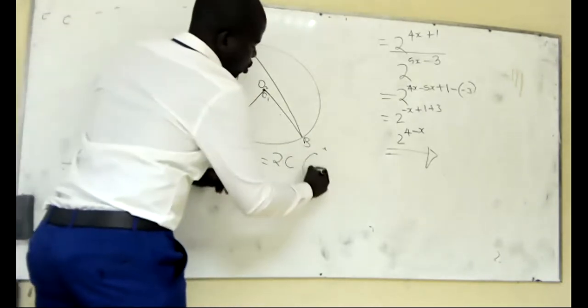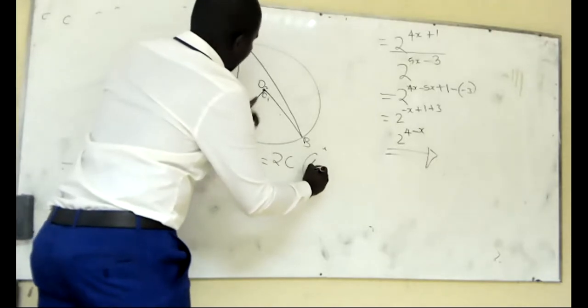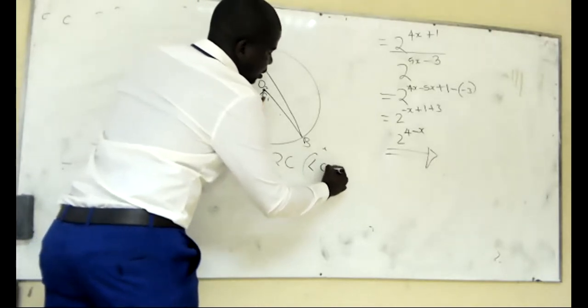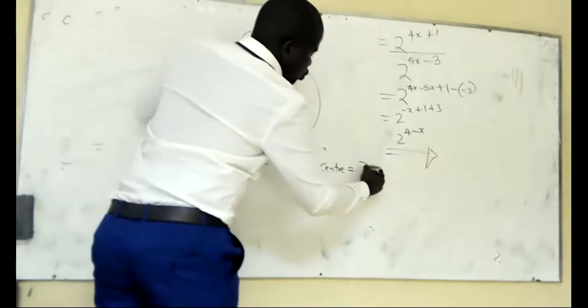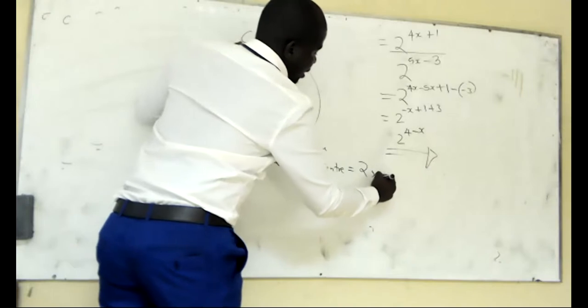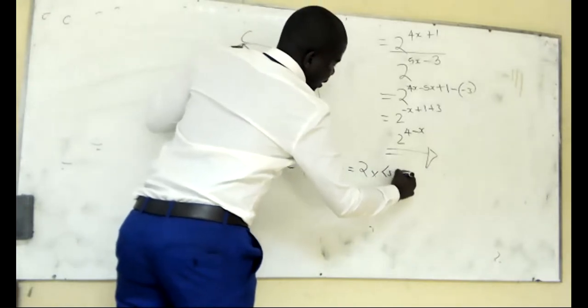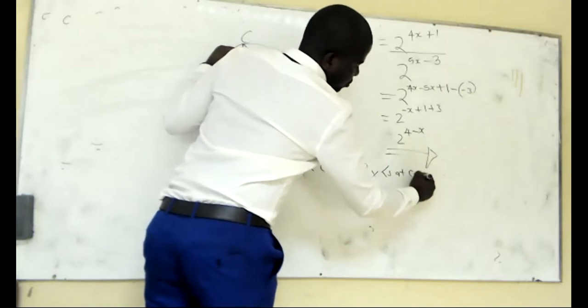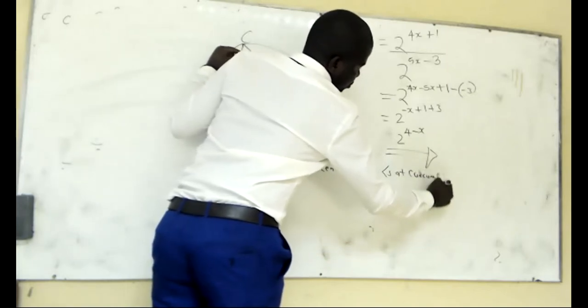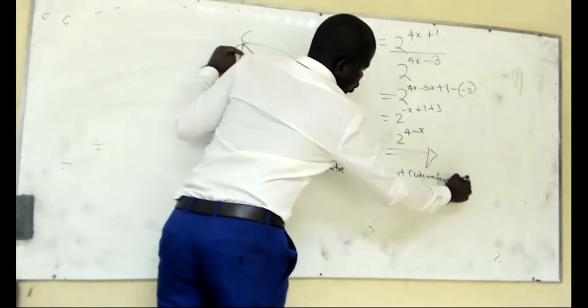Why? Because the angle at the center is equal to 2 times the angle at the circumference.